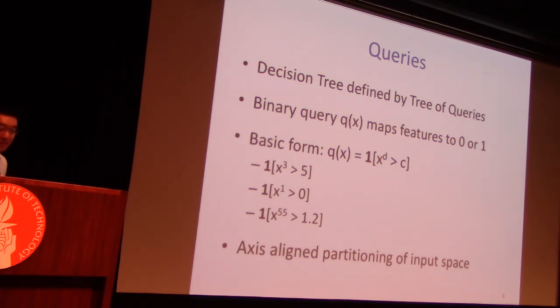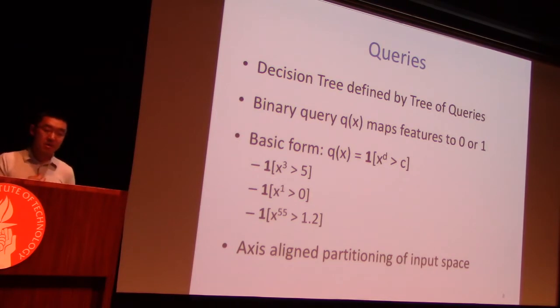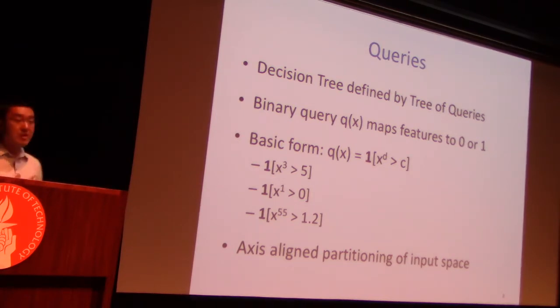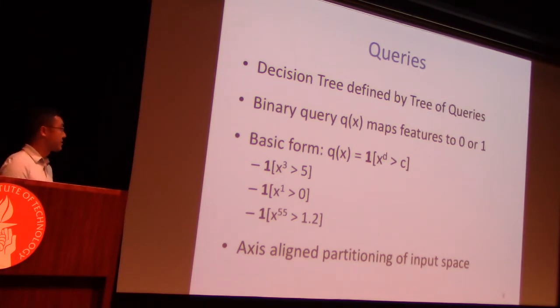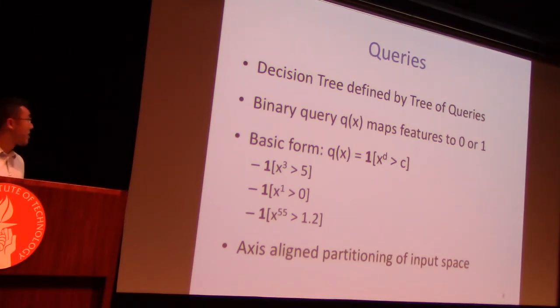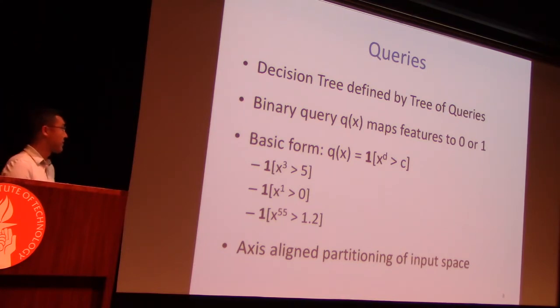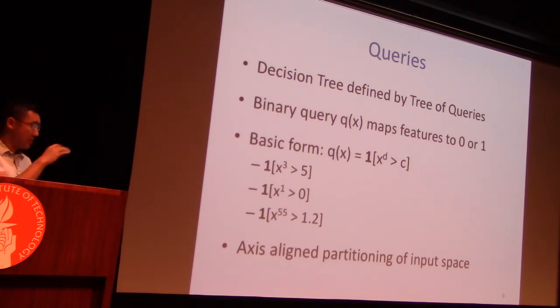A decision tree is defined by a tree of queries. Most decision trees used in practice are binary decision trees, which means the queries are binary and return binary outputs, let's say 0 or 1. So a binary query maps features, where X denotes the feature vector, to a value of exactly 0 or 1.